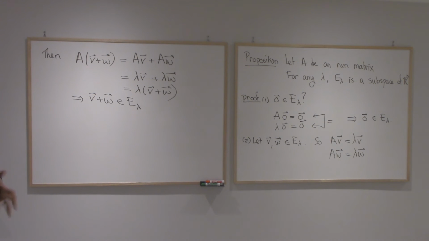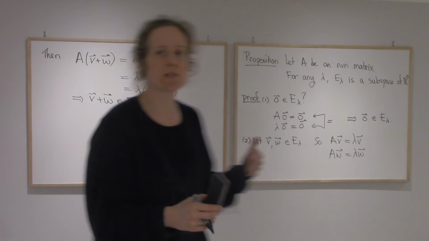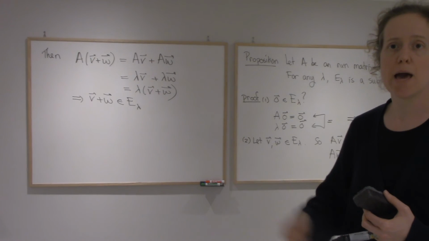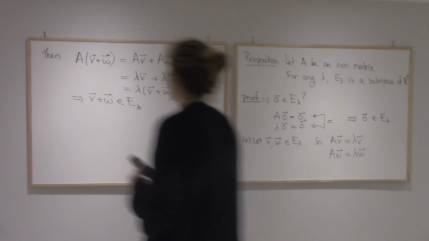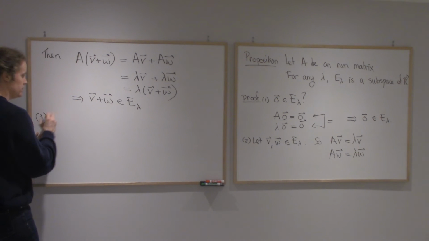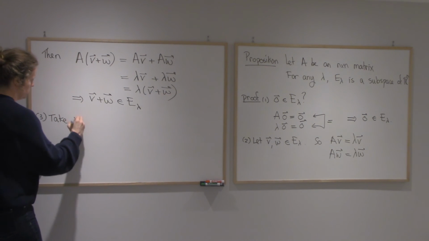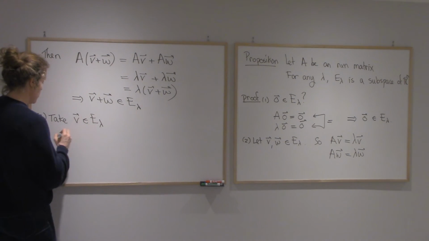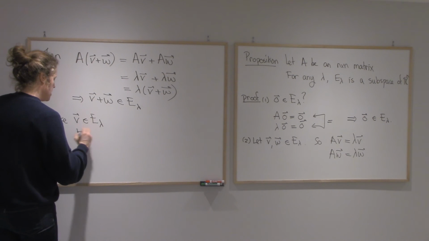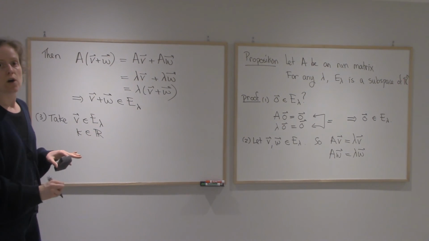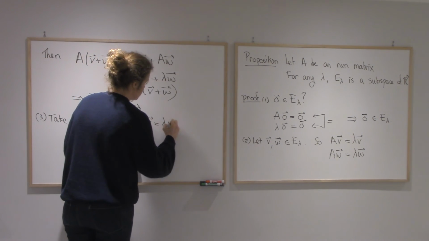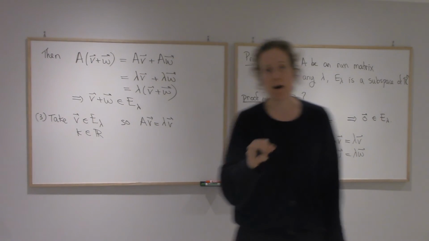That's the second property. The third one is that E lambda must be closed under scalar multiplication. So I'm going to see what happens when I take V and stretch it by K. So I'm going to take V in E lambda, and I'm going to take K in R. V is in E lambda, so again, AV equals lambda V. But now I care about KV.